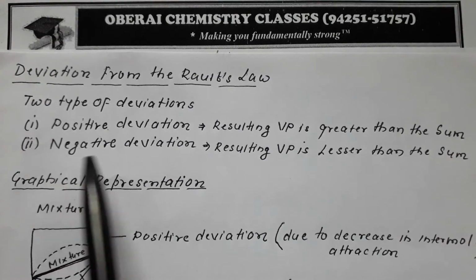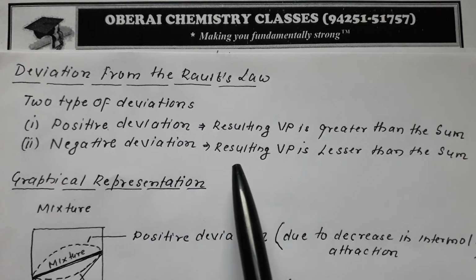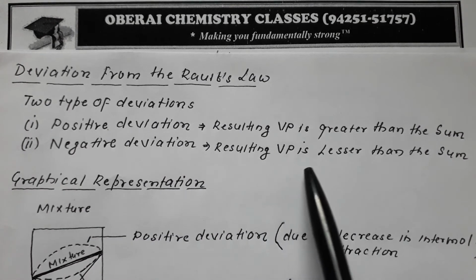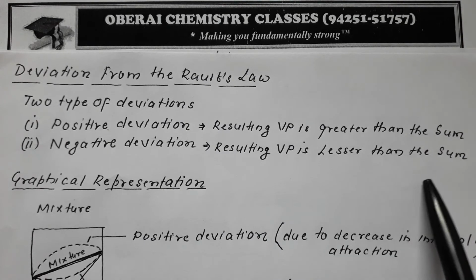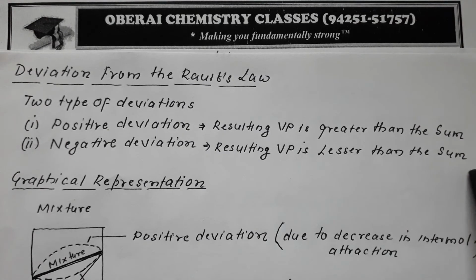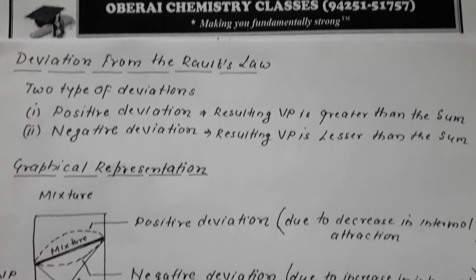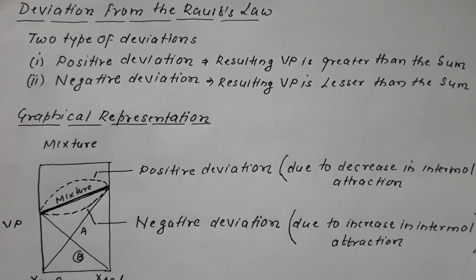Next, negative deviation. We say that if the resulting vapor pressure of the mixture is less than the sum of the two vapor pressures, then it is termed negative deviation.